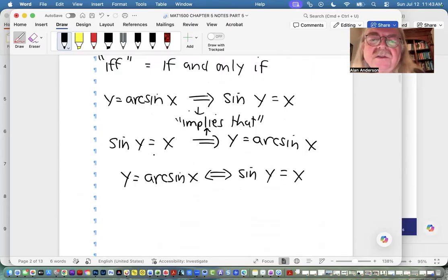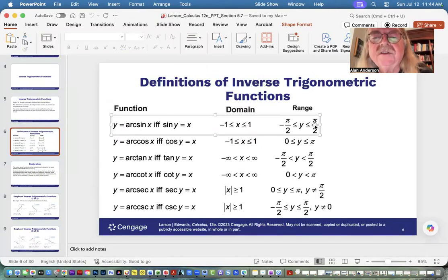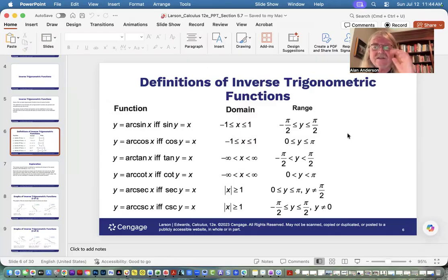This is often written in English as IFF for "if and only if." So when you see IFF with two F's, that means the implication goes both ways. That's what this is trying to tell us. And they're also helping us by showing us the range and the domain so we don't get into trouble. And you can see they're all equally defined.